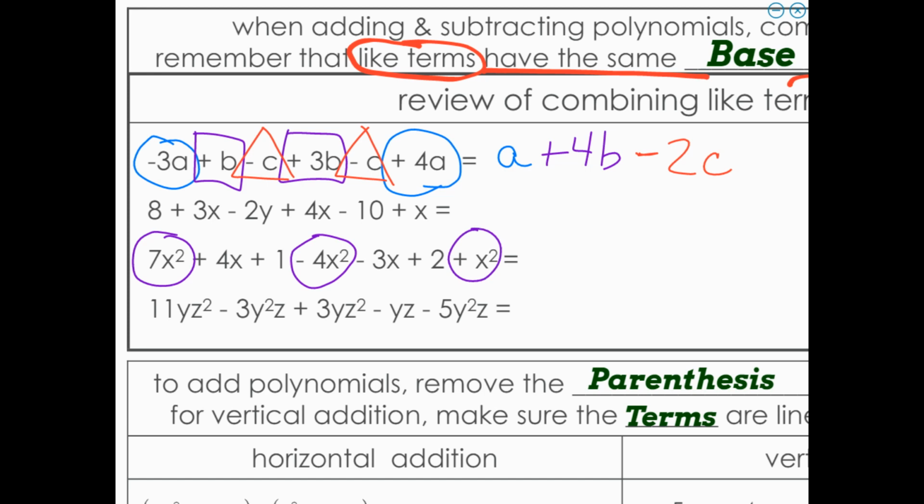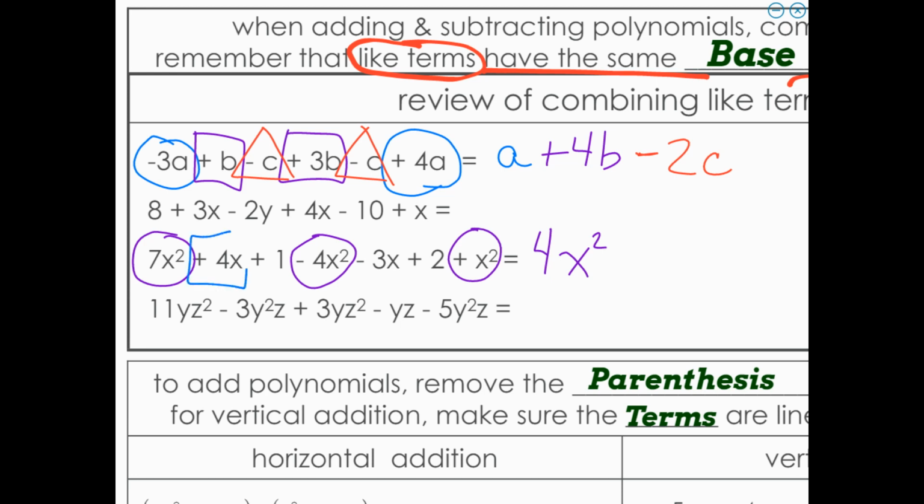So remember, they stay the same, right? My exponents don't change at all. So my x squared is still going to be x squared in the end. What's my coefficient going to be? No, we're not multiplying. We're just adding my like terms. So 7 minus 4 is 3, plus 1. 4. So it's 4x squared.